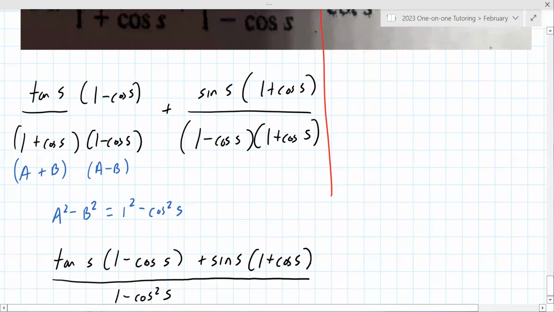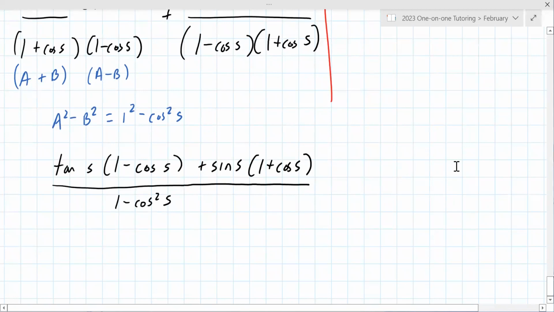Now, does anything jump out at you about the bottom? 1 minus cosine squared s. Pythagorean identities.